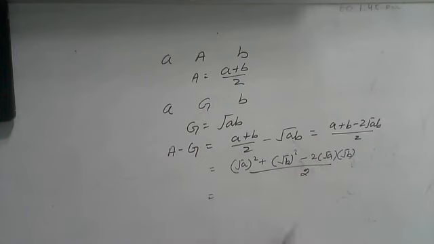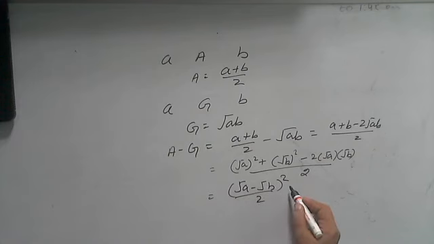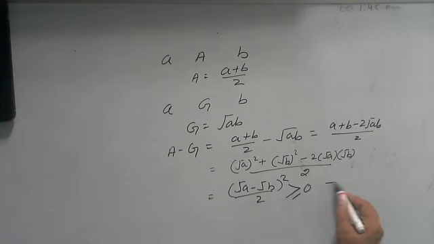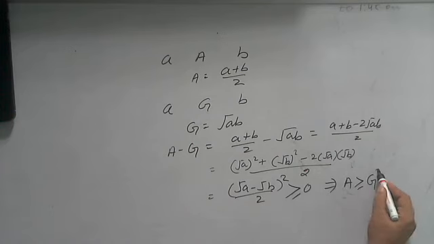It is making a perfect square, that is (root a minus root b) whole square upon 2. So it gives us an idea that a perfect square is never negative, it is always greater than or equal to 0. So it gives us that the arithmetic mean is always more than the geometric mean. The arithmetic mean between two numbers is always more than the geometric mean between two numbers.